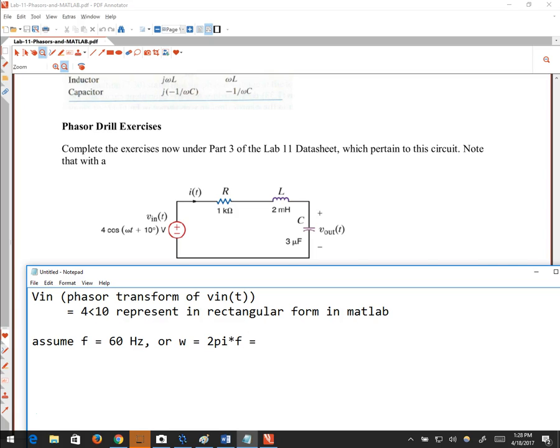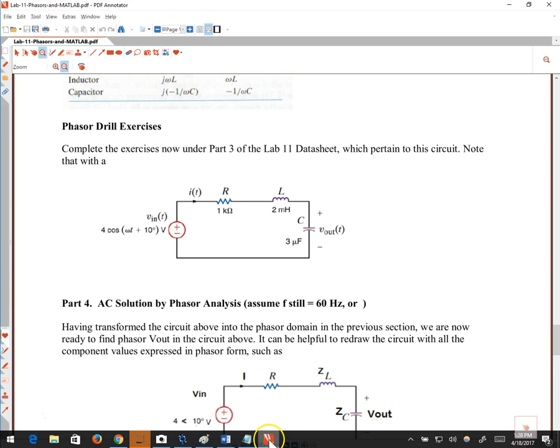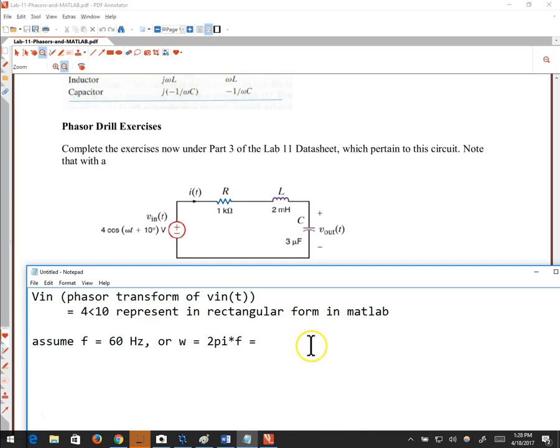So 125? It's more like 377 or something. 2 times pi times f, 6 times 60. Did you forget the pi? 120 times pi, yeah, 377. So 377 radians per second.